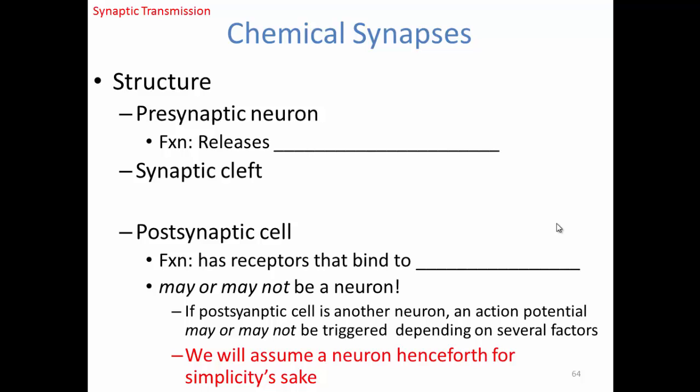The postsynaptic cell may or may not be a neuron. If the postsynaptic cell is another neuron, an action potential may or may not be triggered in that other neuron. From this point forward, we are going to assume that the postsynaptic cell is a neuron and not a muscle and not a gland, just for simplicity's sake.